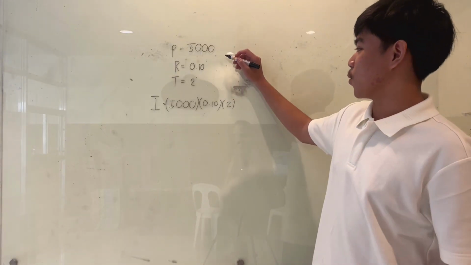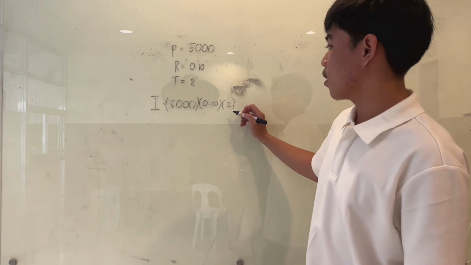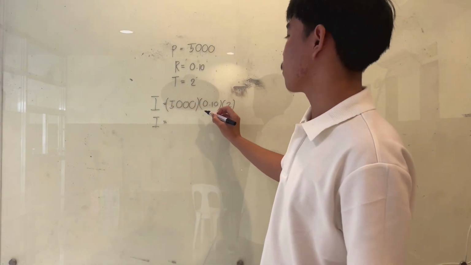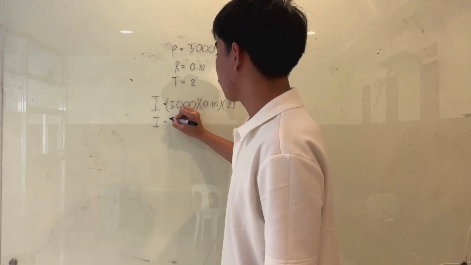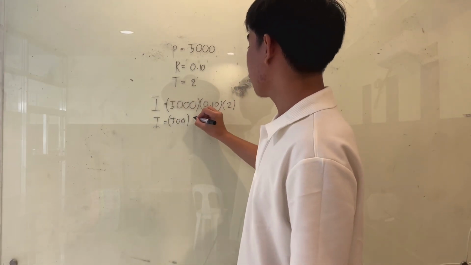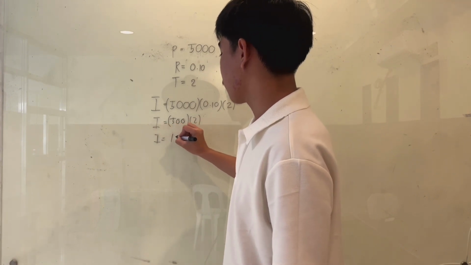Now let's substitute. I equals 5,000 times 0.10 times 2. Now let's solve. I equals 5,000 times 0.10, which is 500, times 2, which is I equals 1,000.